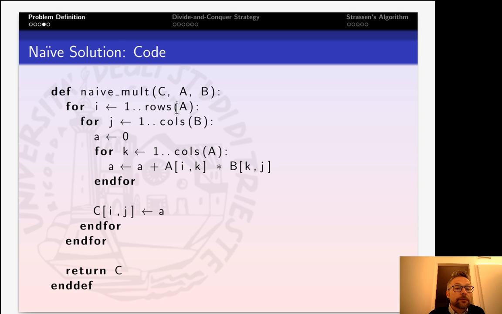I'm going through all the possible rows of A, all the possible columns of B. I am assigning 0 to a temporary value, and then for all the columns of A, I keep going through the elements, multiplying the elements of the ith row of A times the elements of the jth column of B. Okay, so this is basically what we do when we are asked to compute A times B.